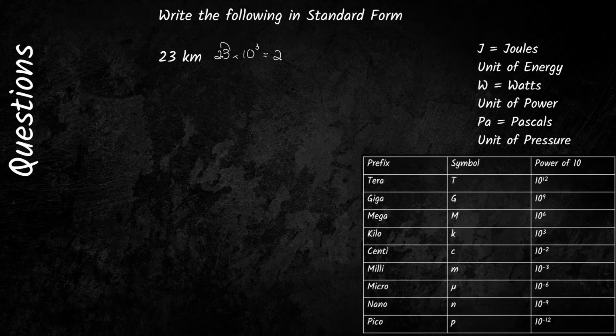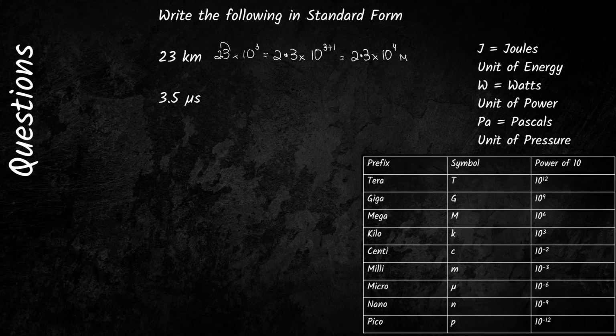So this becomes 2.3 times 10 raised power 3 plus 1, and now you have 2.3 times 10 raised power 4 meters. Of course, the units are very important. So that's how you convert a quantity which is written with a prefix into standard form.